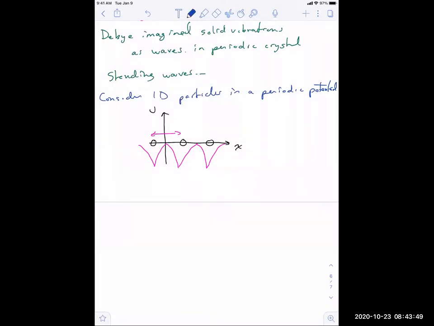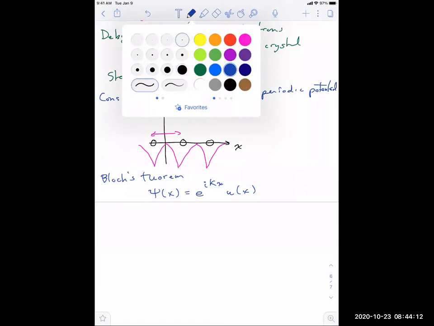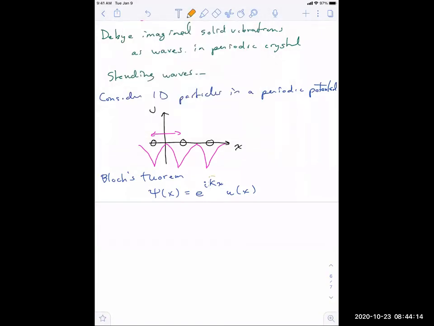Then we can invoke what's called Bloch's theorem for standing waves in a periodic system. It states that you can write the wave function for that standing wave as e to the i k x times u of x. You'll find it's going to become convenient for us to think in terms of this value k. This is called the wave vector, or the reciprocal lattice vector, or reciprocal space vector, or sometimes the momentum space vector.